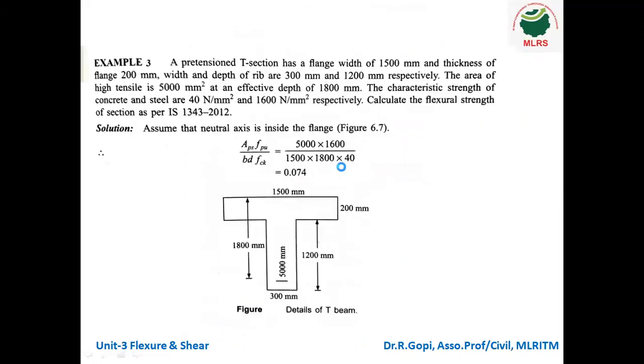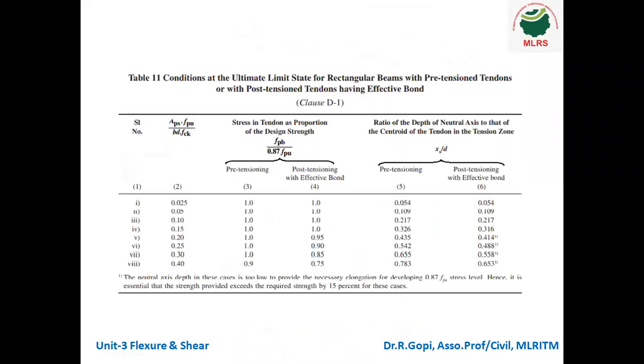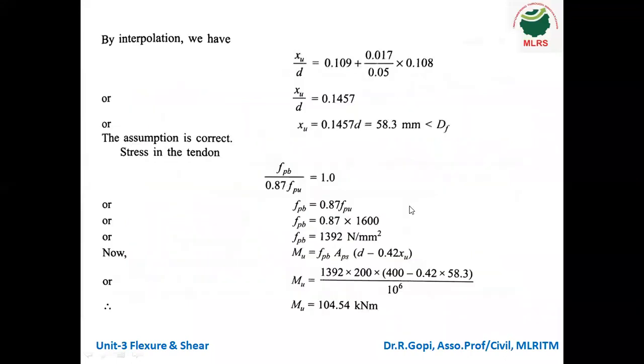You can see in the table, we have only the 0.15 and 0.2 ratio values. So we have to find the value for 0.17.